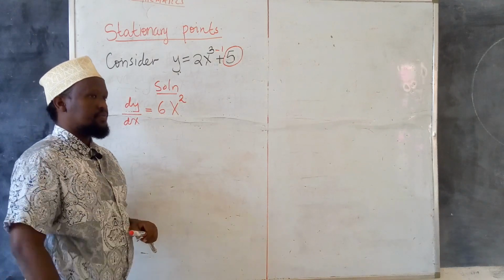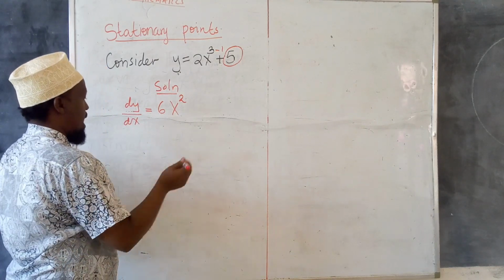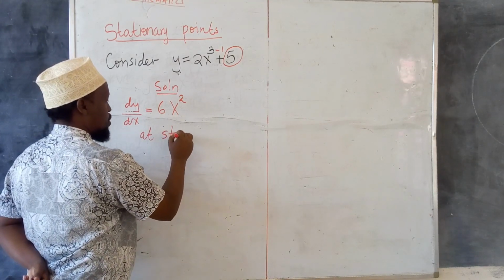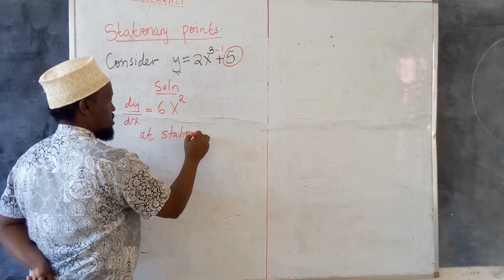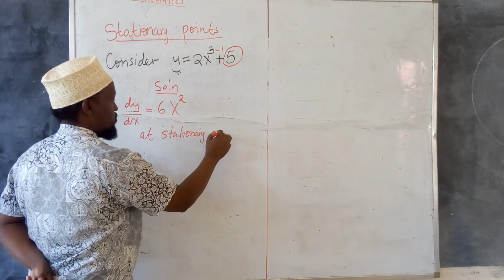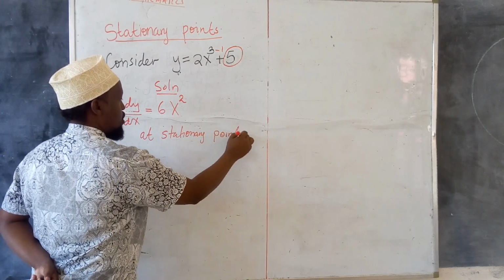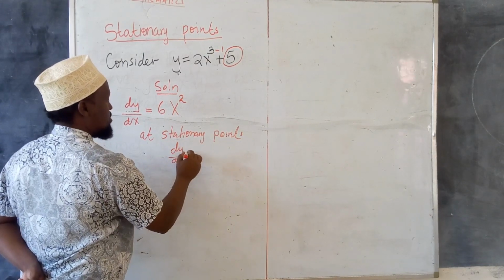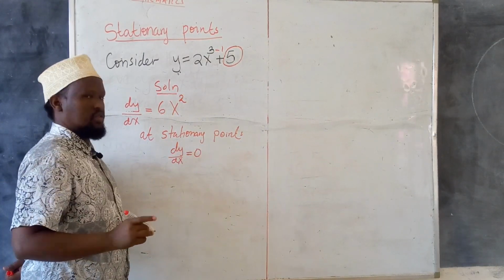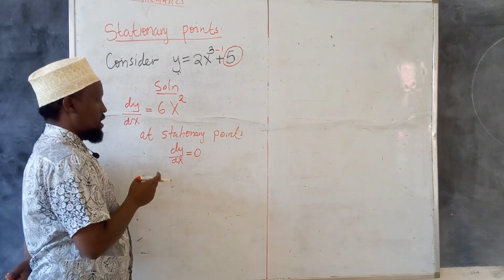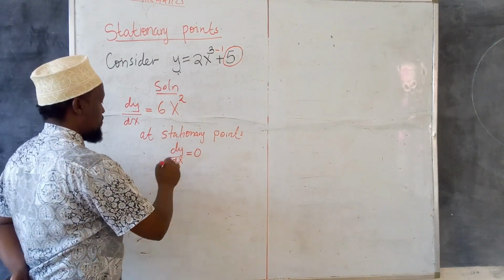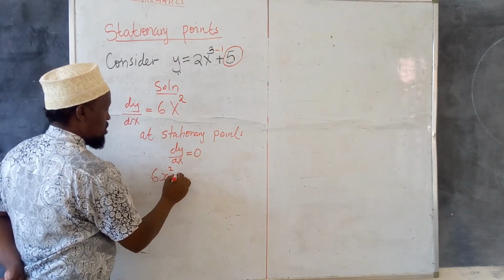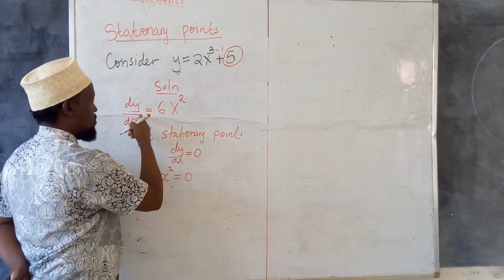So now our derivative function is dy over dx equals 6x squared. Then you have to know that at stationary points, the gradient dy over dx is 0. Therefore, 6x squared will be equal to 0.